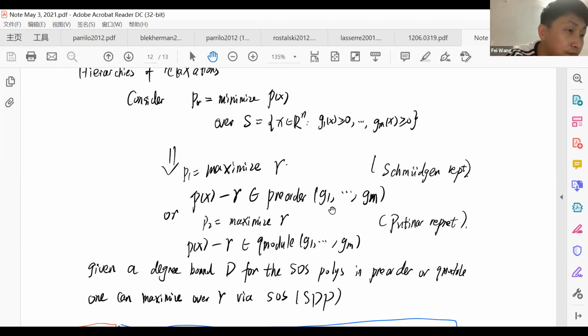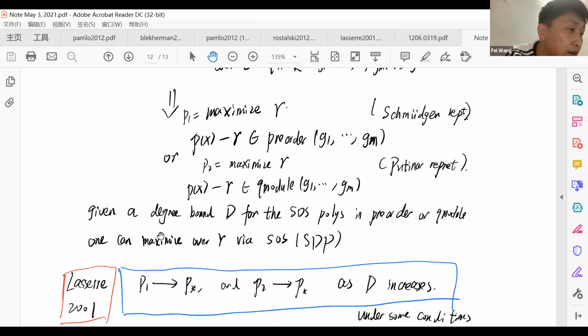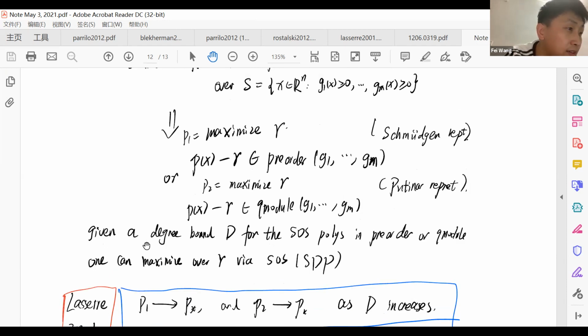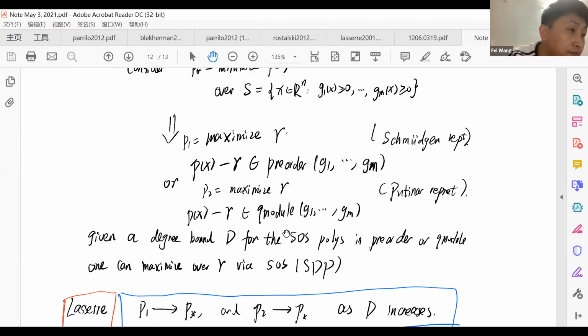And now we are given a degree bound D for the sum of squares polynomials in the preorder or the quadratic module. Then we can maximize over gamma through the sum of squares, and it's an SDP problem.